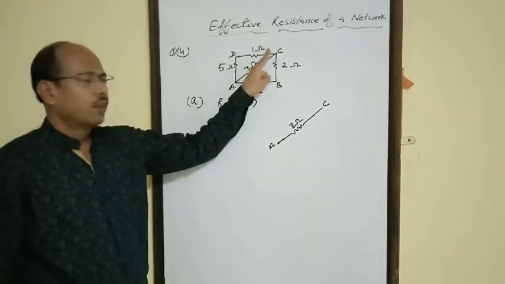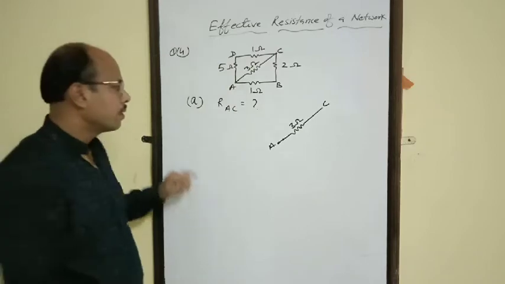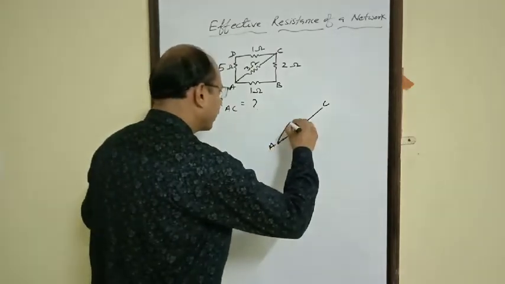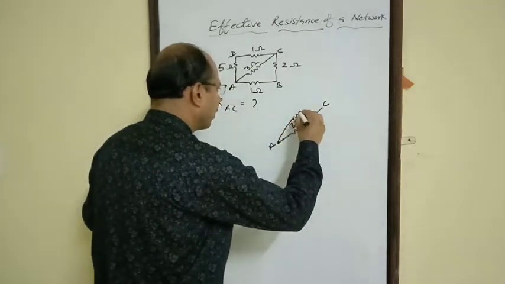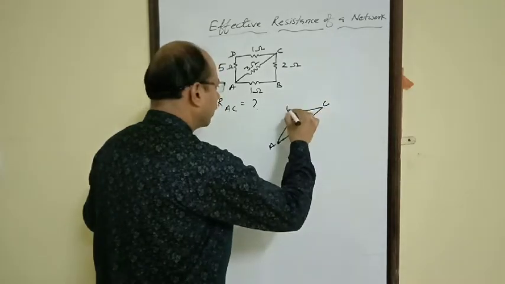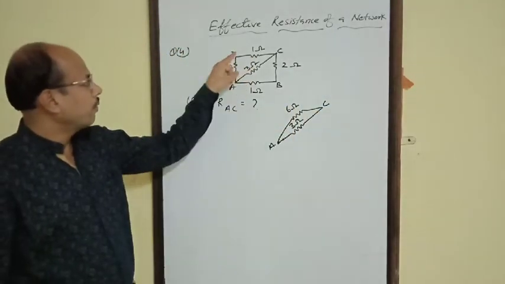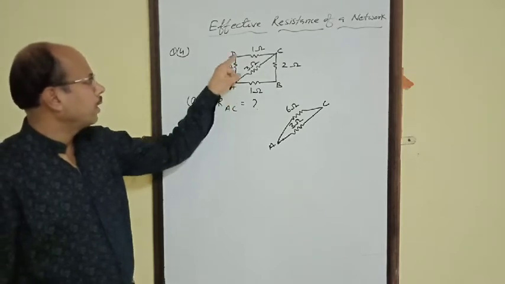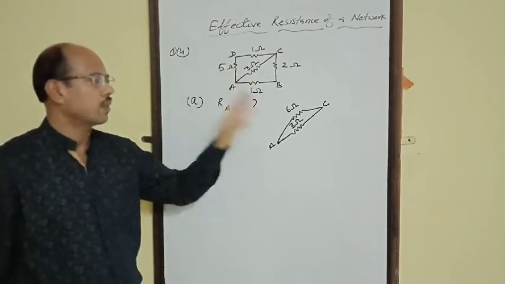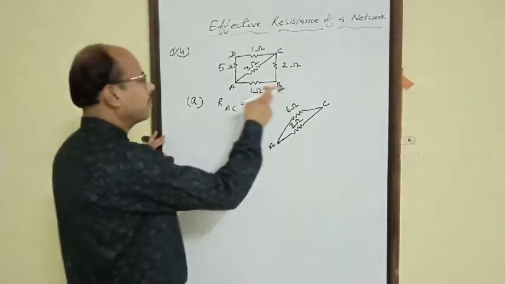Here it is 5, this is 1, the net answer will be 6. Let us suppose this is 6 ohm. What is this 6 ohm? This is the effective resistance from A to D to C. This is 6 ohm.